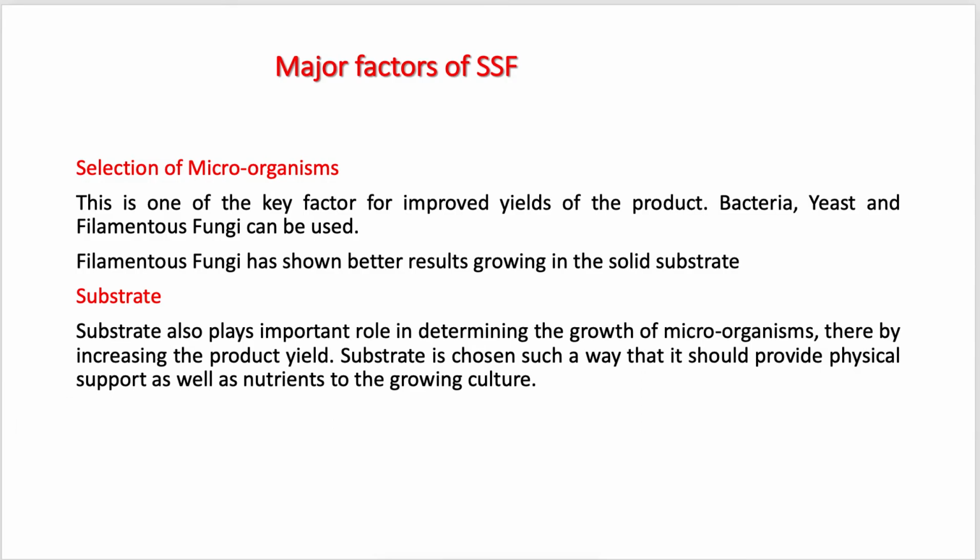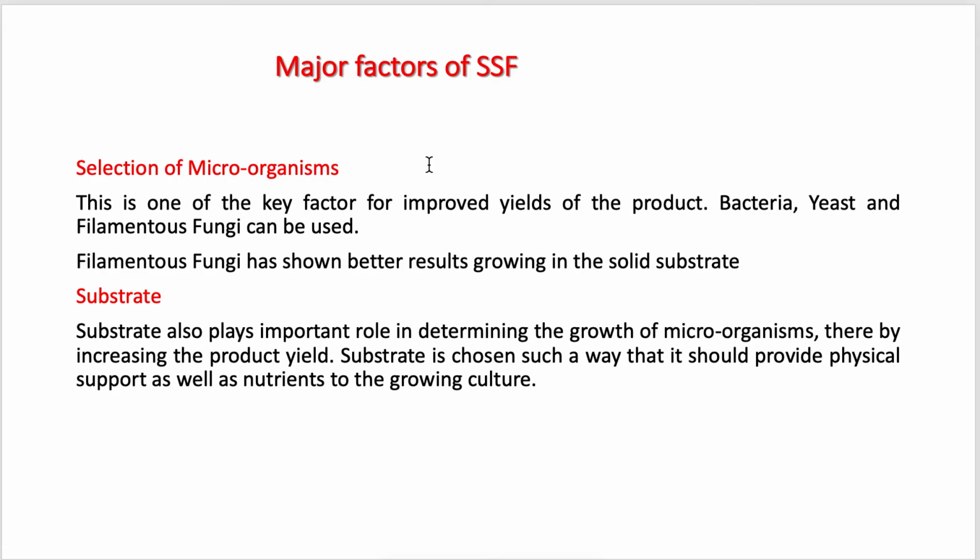Now the major factors that need to be considered for solid state fermentation. Number one, selection of microorganisms. This is one of the key factors for improved product yields, meaning which microbes we are going to use for the fermentation. Bacteria, yeast, and filamentous fungi can all be used.